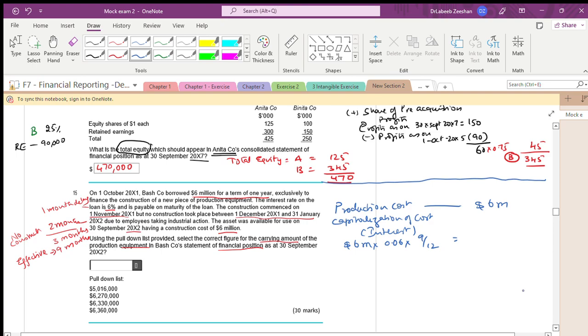How much will you get? 0.27. That's all.